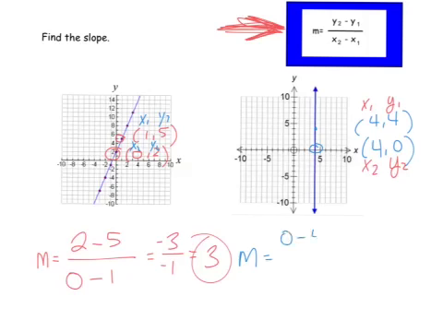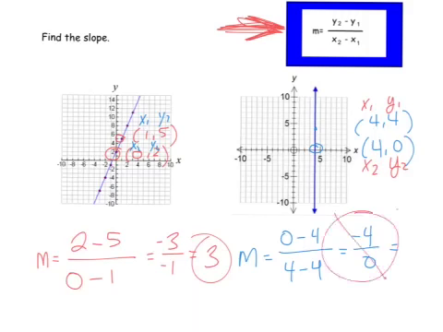y2 minus y1 over x2 minus x1. You get -4 over 0. Now, what does it mean, and what happens when something is divided by 0? You put it in the calculator, you're going to get an error message because it can't happen.